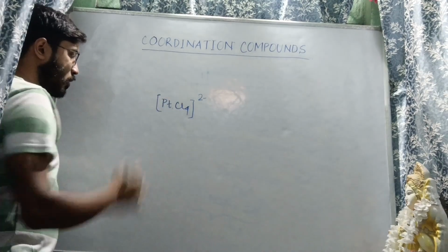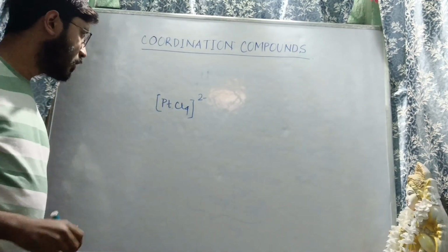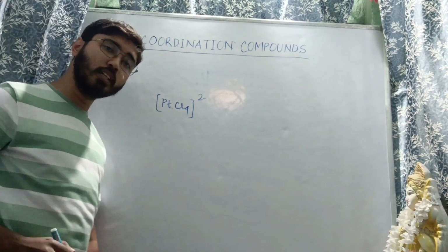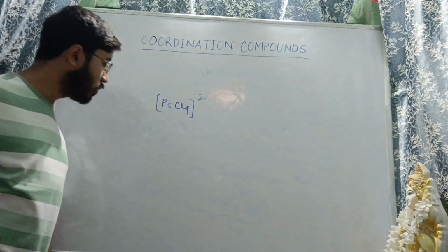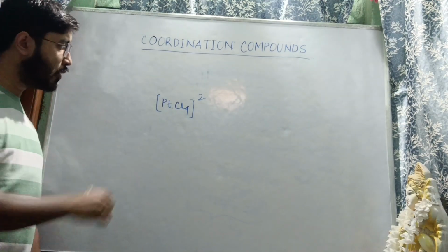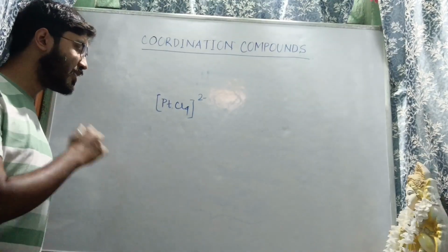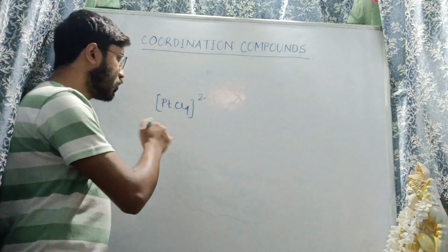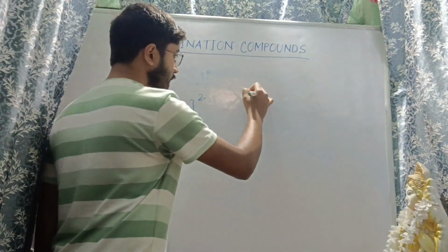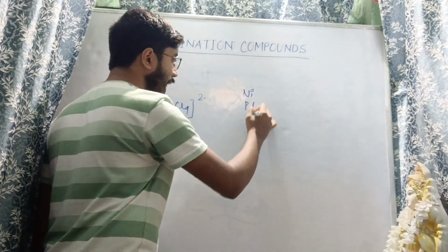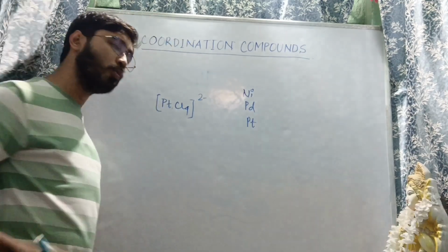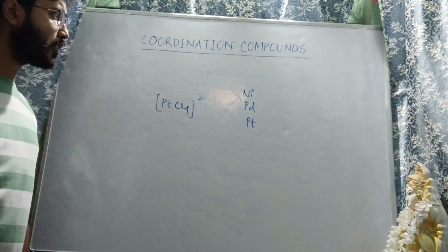At first we determine the oxidation state of the platinum ion. What is the oxidation state of platinum in PtCl4 2 minus? We know that nickel, palladium, platinum are present in the same group. So what is the electronic configuration of nickel?